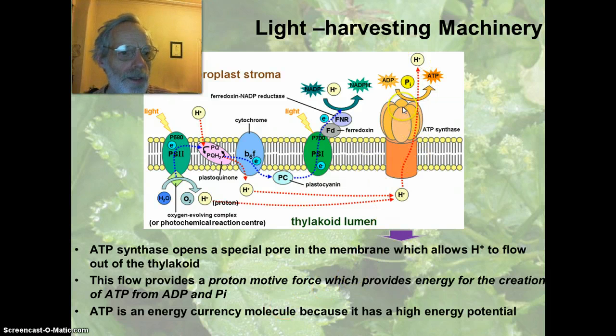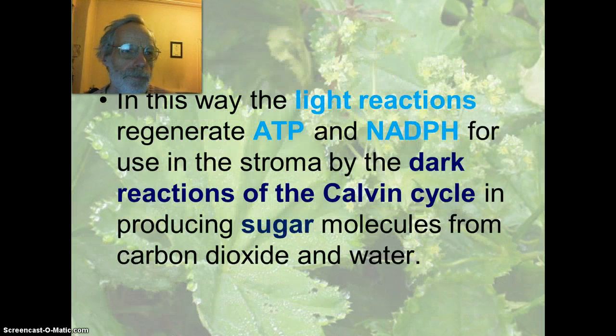This flow provides what we call a proton motive force, which provides energy for the creation of ATP from ADP and inorganic phosphate. ATP then goes on to be the energy currency molecule because it has a high energy potential. So in this way, the light reactions generate ATP and NADPH for use in the stroma by the dark reactions of the Calvin cycle in the production of sugar molecules from carbon dioxide and water.